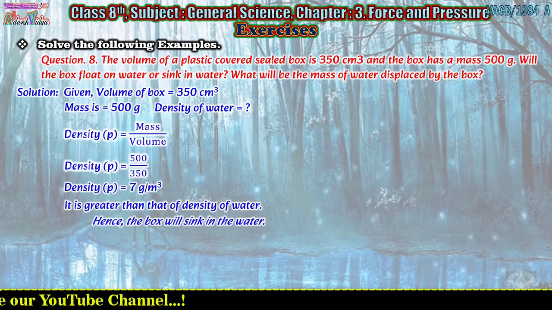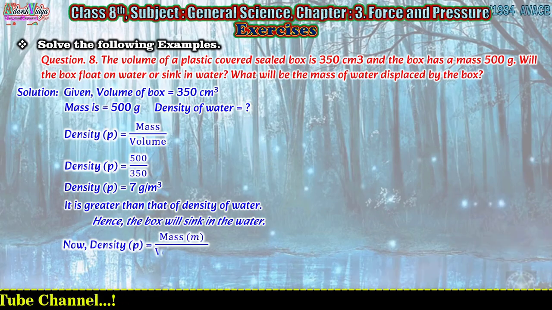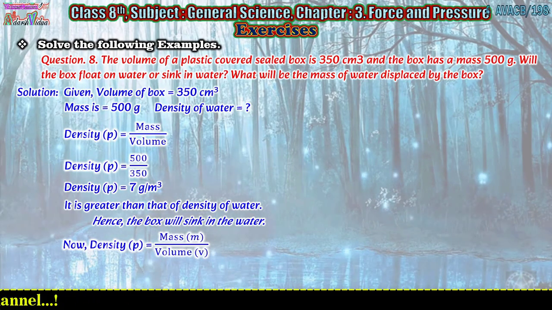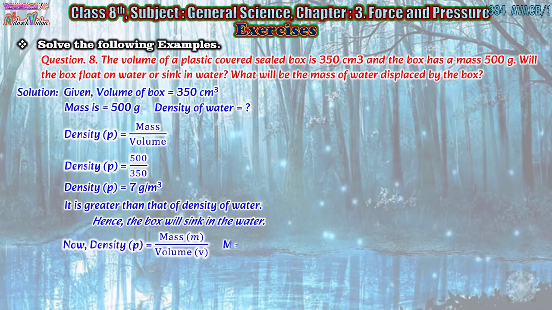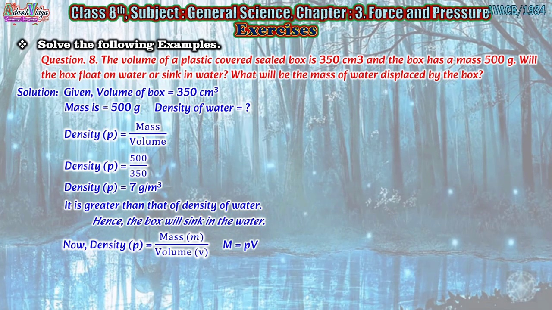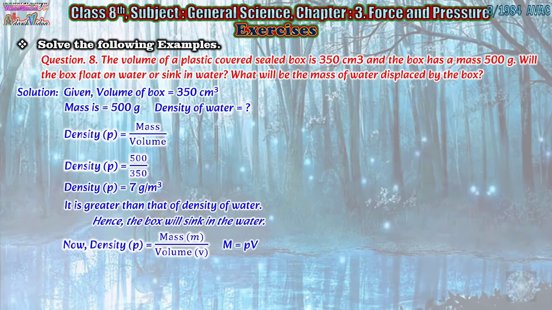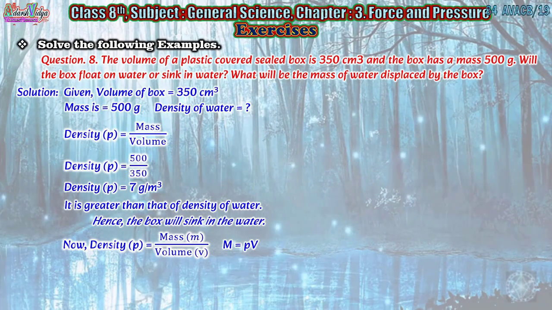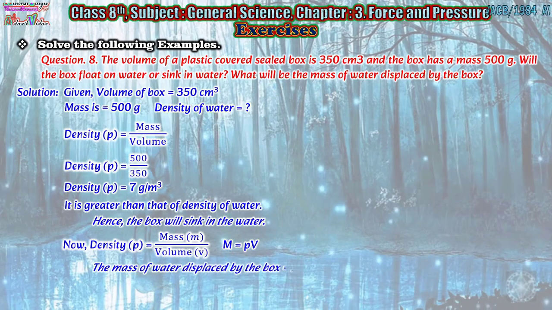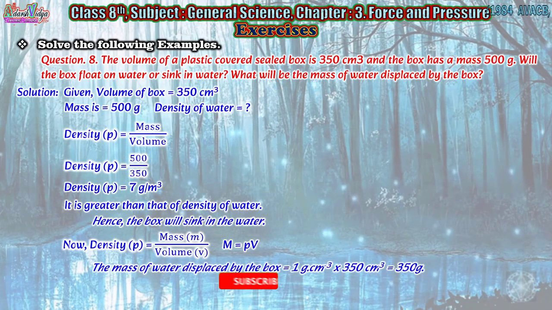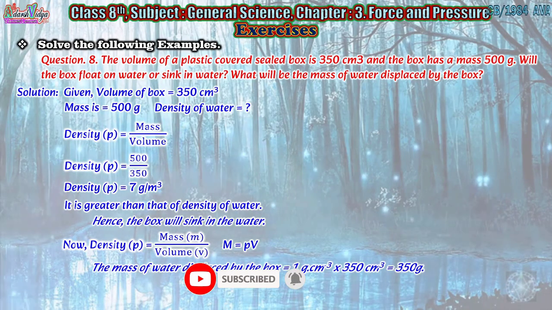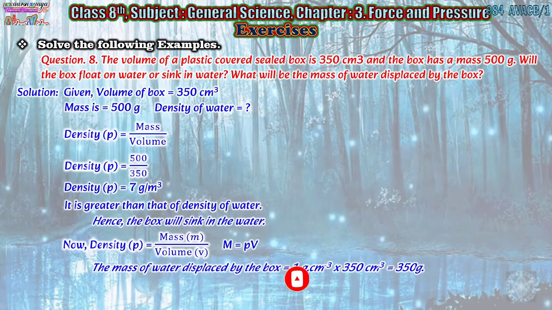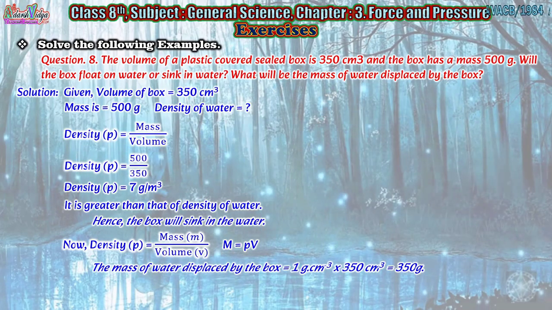The volume of water displaced by the box, V, equals the volume of the box equals 350 centimeter cube. Now, density, P equals mass, M, upon volume, V. Therefore, M equals PV. The mass of water displaced by the box equals 1 gram per centimeter cube into 350 centimeter cube equals 350 gram.